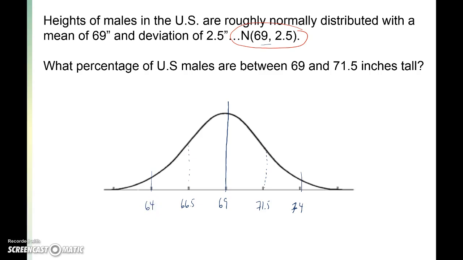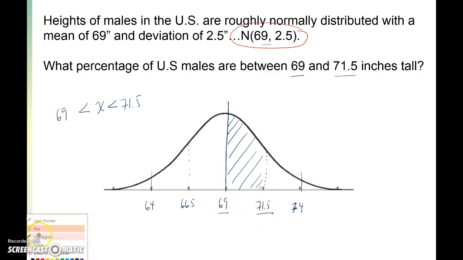Okay. All right, so what are we interested in here? We're interested in heights that are between 69 and 71.5. In other words, those values that are greater than 69 and less than 71.5 inches. In other words, we're looking at this particular region right here. And this picture really helps me see what I'm looking at. Now we can see that this is bordered by the mean and by one standard deviation above.